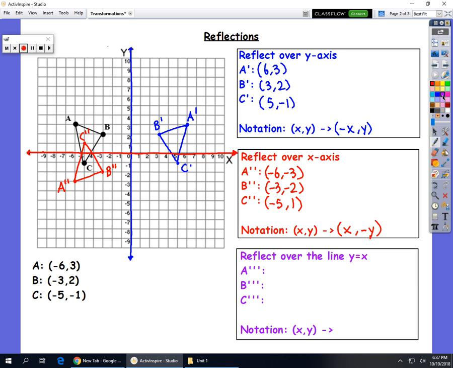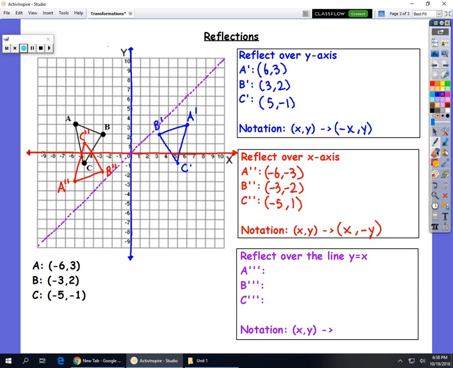All right. And then finally, for our final reflection over the line y equals x. There are more, but these are the 3 main ones that you should be concerned with. So first, to reflect over the line y equals x, we need to draw it first. Remember, y equals x is the line where the x and y values are all the same. So that looks like a perfect diagonal line from the upper right side of the graph to the lower left. This is because along this line, all the x and y values are exactly the same.